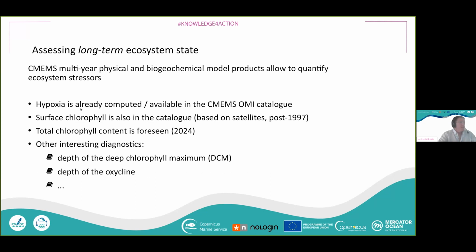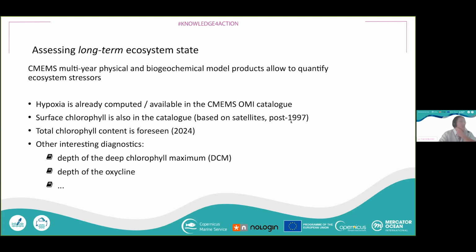There are some indicators pre-computed for you, so you can see in the catalog something about the state of the sea. So, for example, hypoxia in the Black Sea is already computed in the catalog, and you can download the indicators directly. Also, the surface chlorophyll is in the catalog, and this one is based not on models as the ones I showed you before, but on satellite imagery.